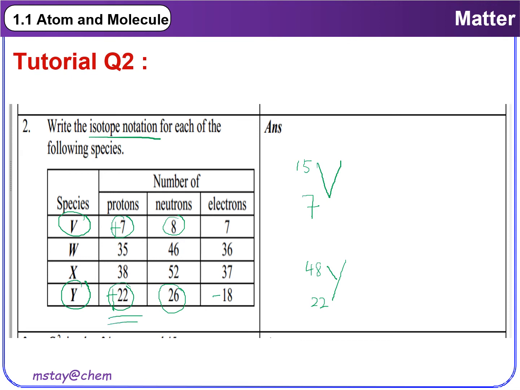When I total up positive 22 with negative 18, I get positive 4. When we write down the charge, we start with the number, then give the sign, positive or negative. In this case, because it's positive 4, we write 4 positive. Okay, the rest, try it out yourself.